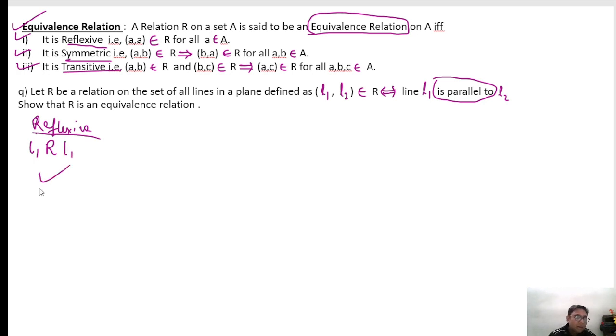Any line is parallel to itself, so reflexive is okay. In the reflexive, what do we have? We take the same variable on both sides and use my condition. So my condition is parallel to. So can a line be parallel to itself? Yes, reflexive is okay.